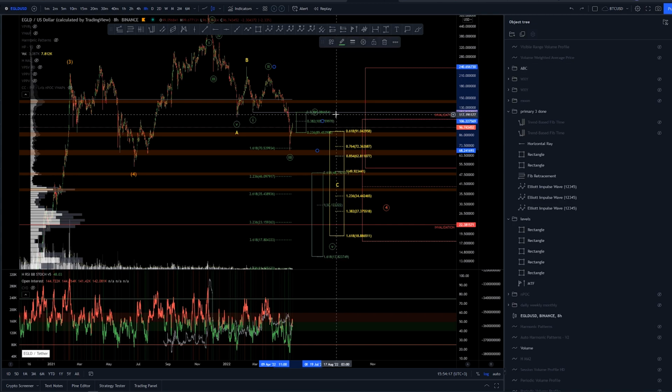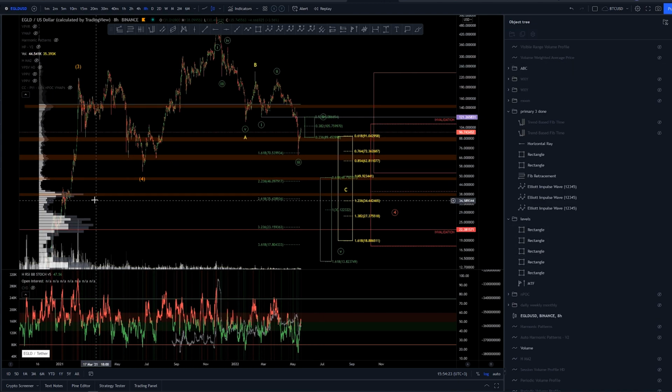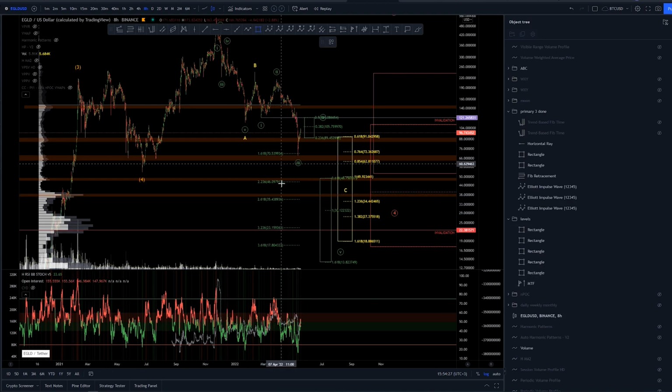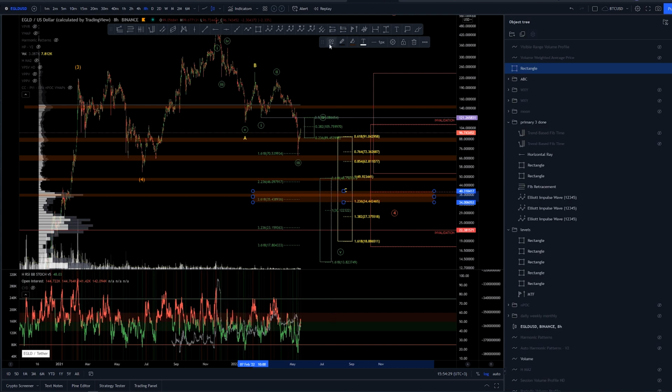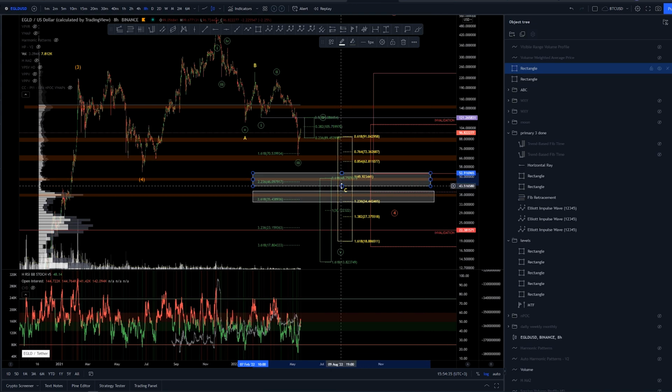So depending on how high the wave 4 goes, the target shifts a bit. Overall, this support and resistance area with a high volume node is definitely some target to look at. So 2 targets for the ABC count on the overall time frame.